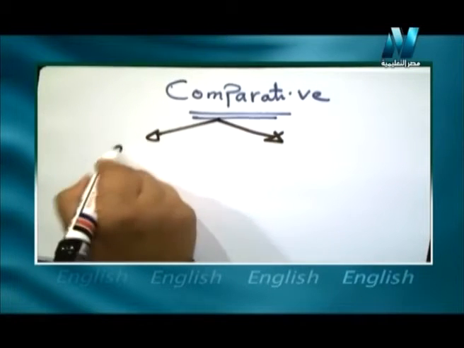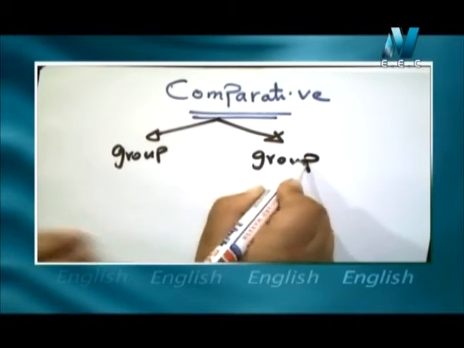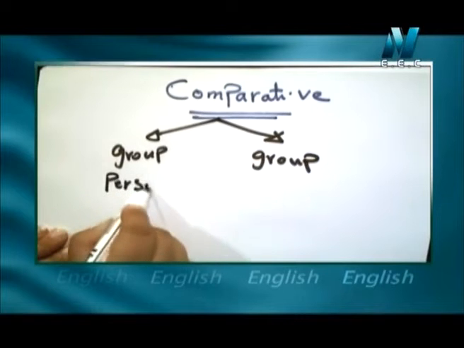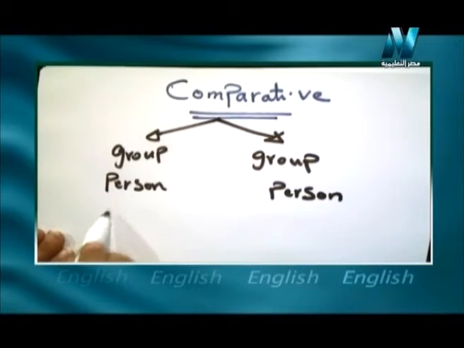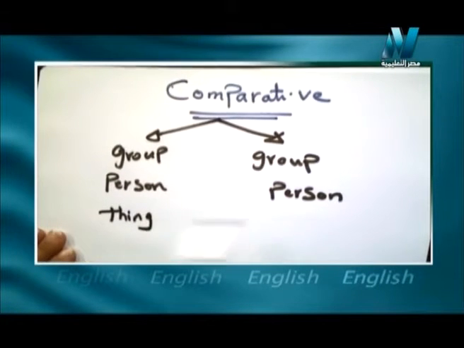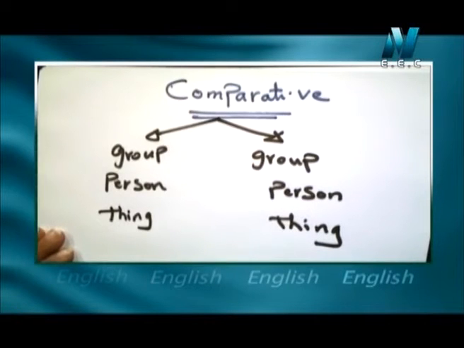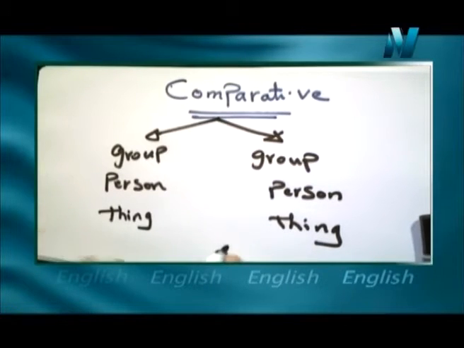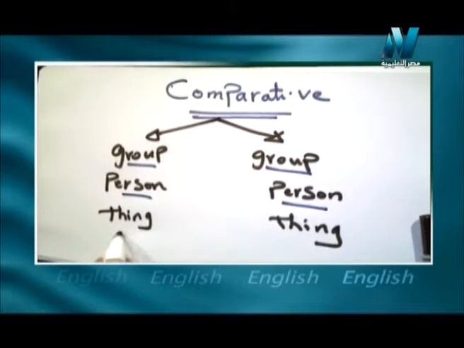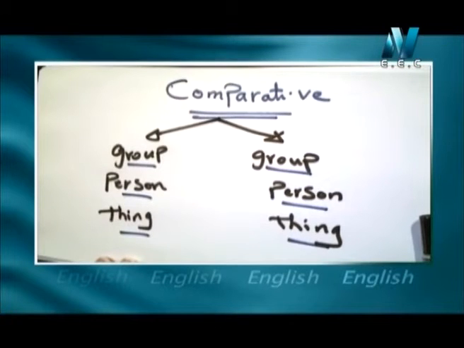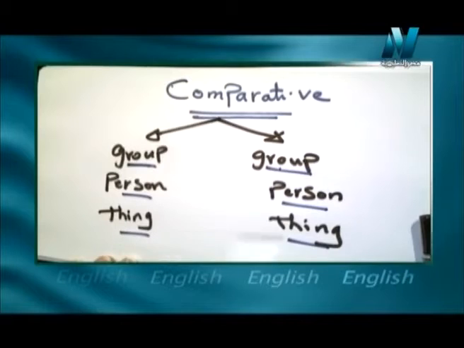Either they are group and group, person and person, or thing and another thing. I'm comparing between a group and a group, person and a person, thing and a thing. يعني طرفين متعادلين زي بعض, جروب وجروب, شخص وشخص, thing و thing.